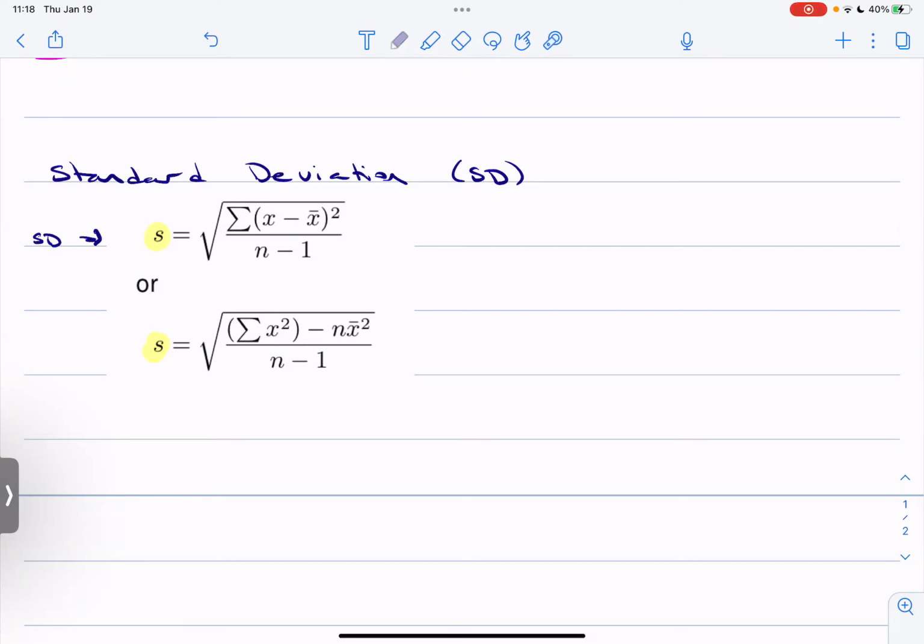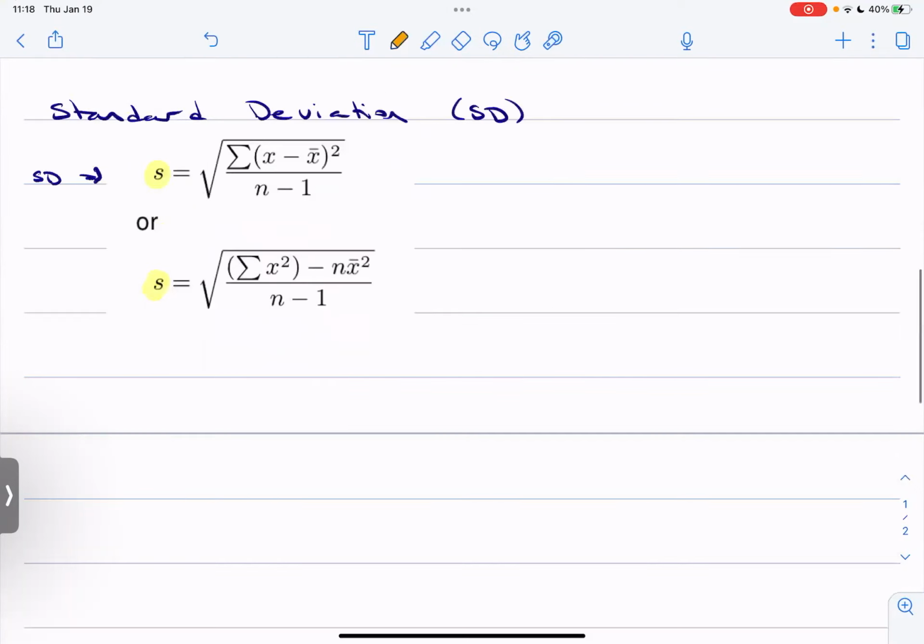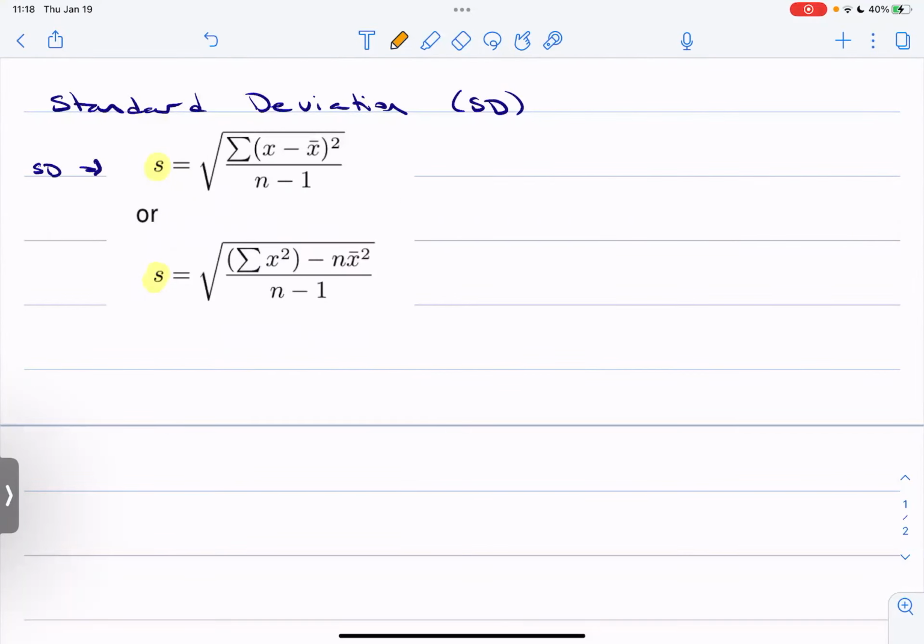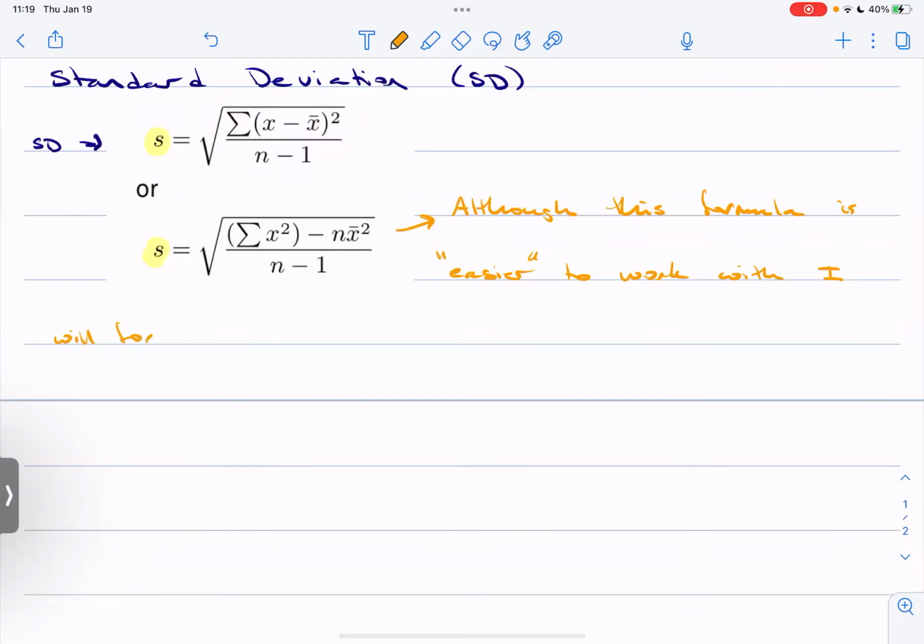So I'm just going to make a note here: although this formula is easier to work with, I will focus on the first one.